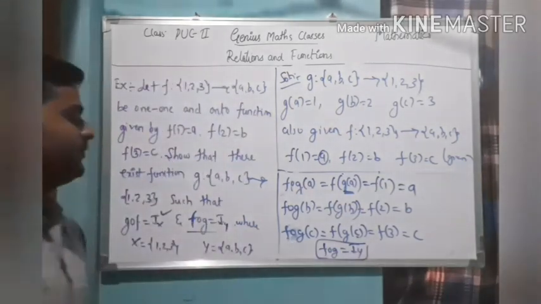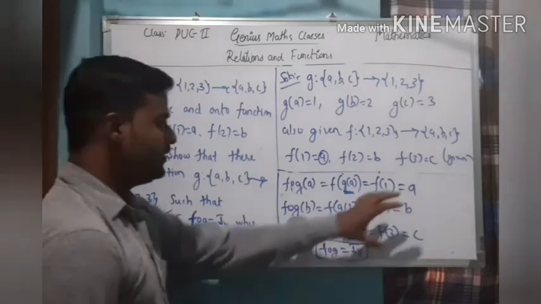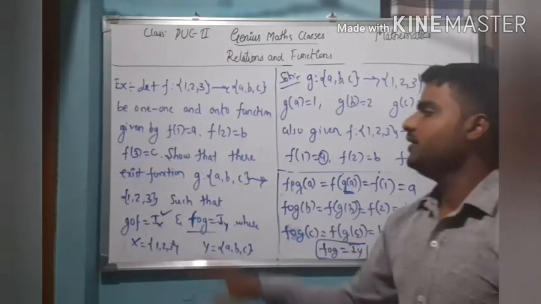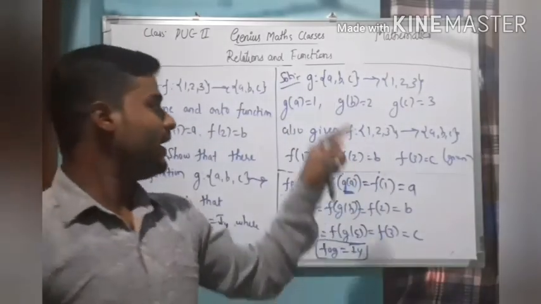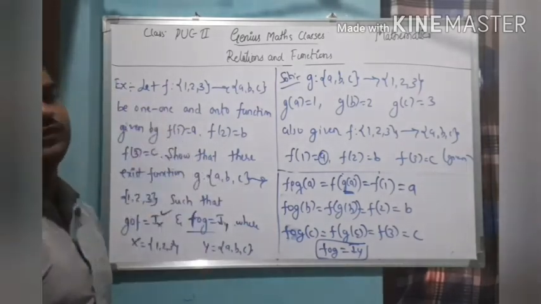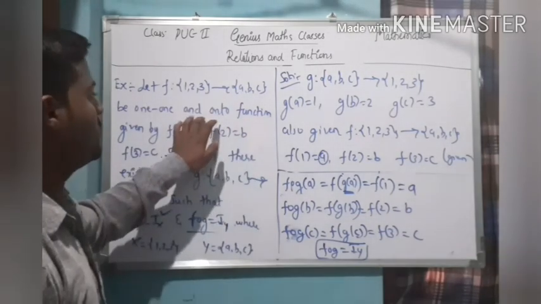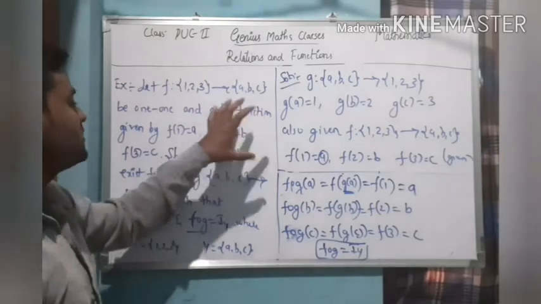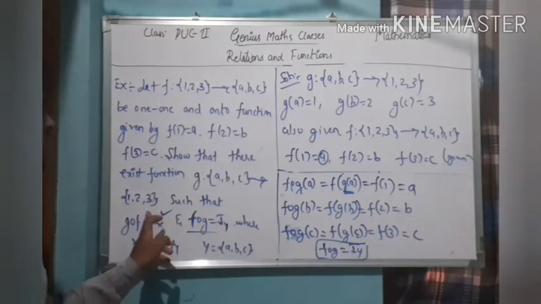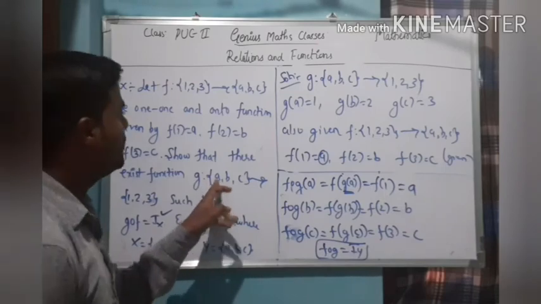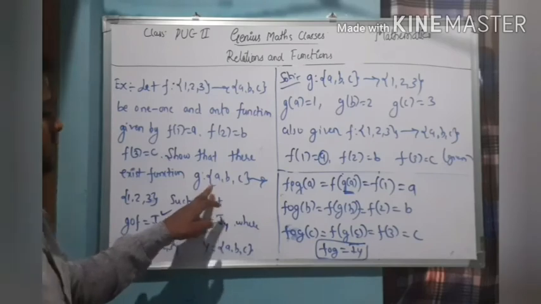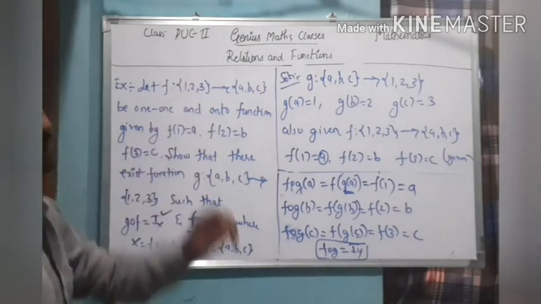So by this, we conclude that it has the inverse function. It must be a one-one and onto function. Then only there exists a reverse function from a, b, c to 1, 2, 3. This g is obviously the reverse of that function, the inverse function, and g is the inverse of f.